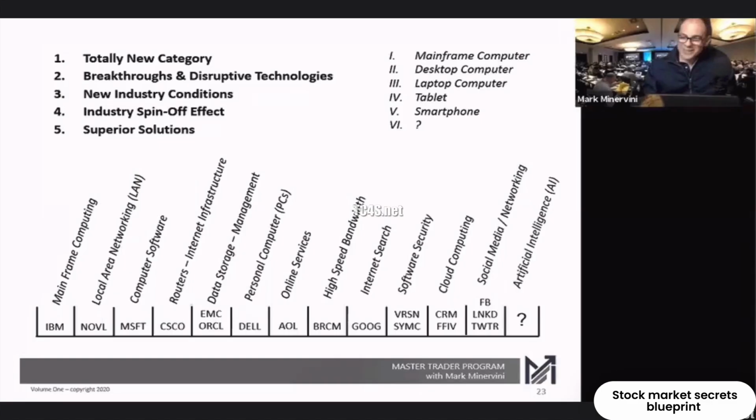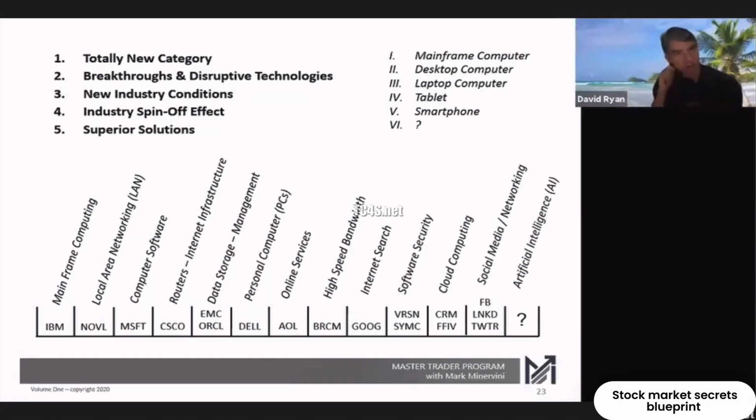And then Mark, let me add a couple more to this. A lot of these that you've mentioned are new categories and spin-offs from other technology. A lot of these are technology companies, but just think of a few other ones that are a totally new category. In the soft drinks area, Monster Beverage was one of the biggest stocks of all time in the last 20 years.